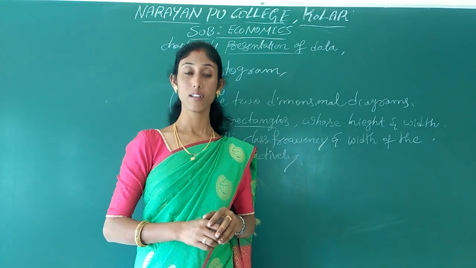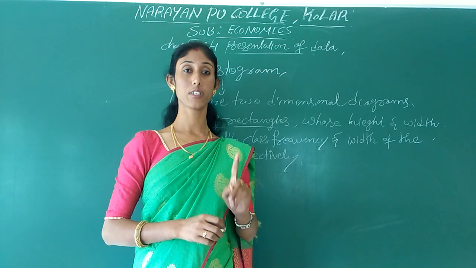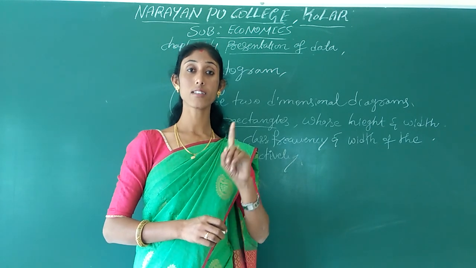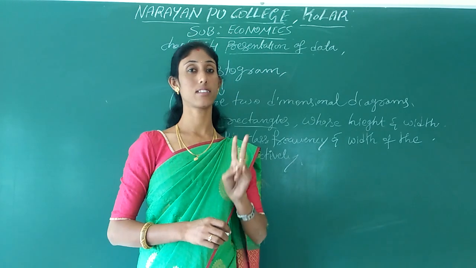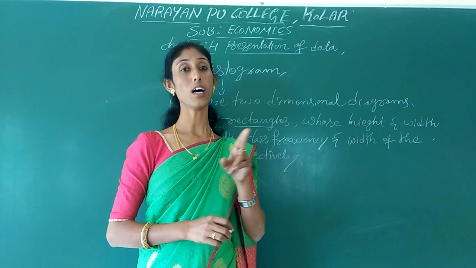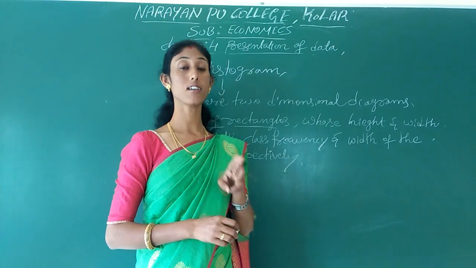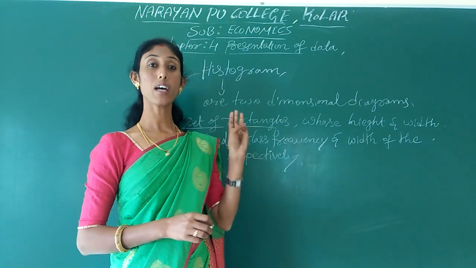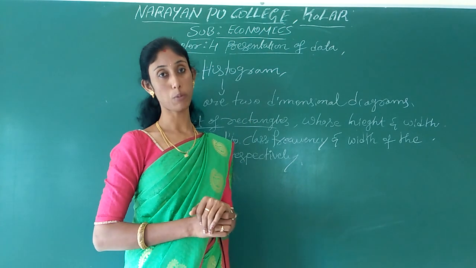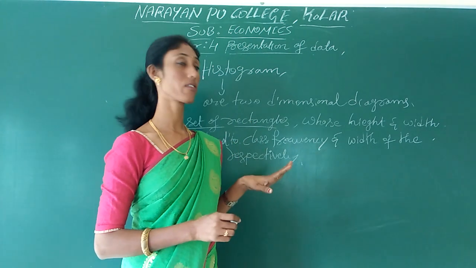Understood? The first is that histograms can only be drawn when the data is in continuous format, the second is that we should convert inclusive class limits into exclusive class limits, and the third is that with the help of histograms we can graphically find the mode. These are the features.